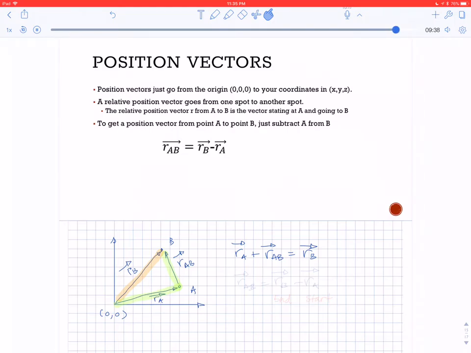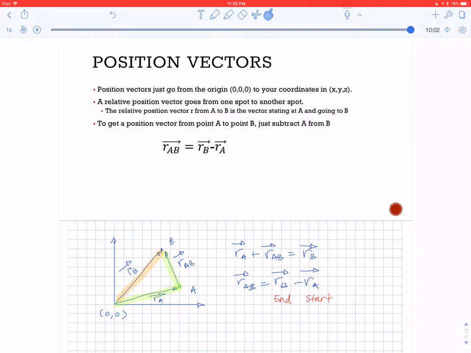Solving that for RAB, that's just RB minus RA. And I just remember this as you end at B, you start at A. So if you want to go from A to B, you take the end minus the start.